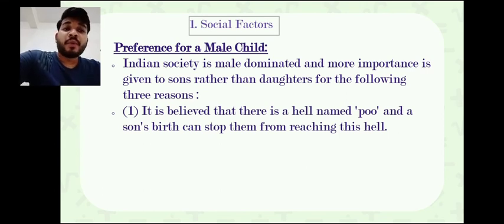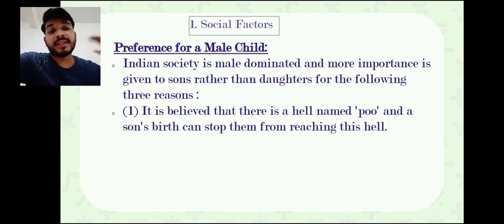If a girl is born, again they try for a male child, again a girl is born, again they try for a male child. So this leads to 2, 3, 4, 5, 6 children being born in this particular preference.